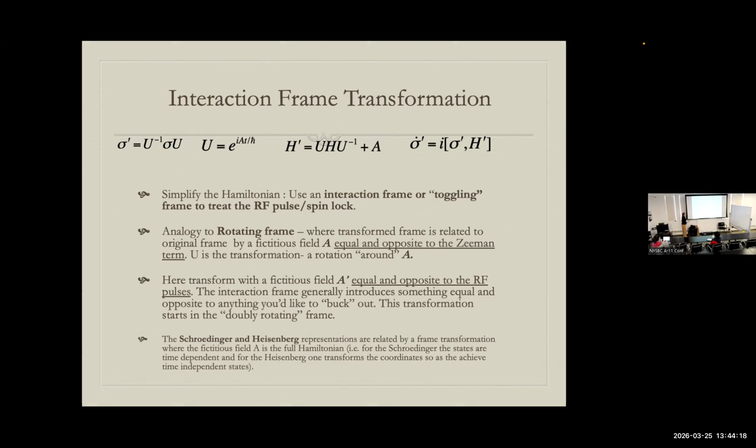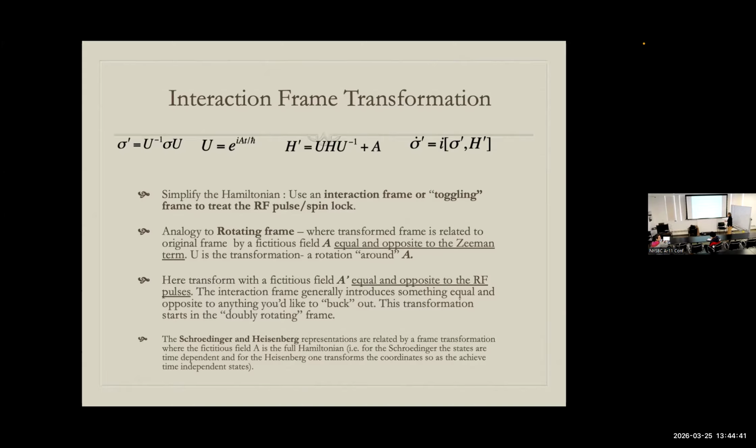This transformation starts in a doubly rotating frame, meaning rotating frame for I and rotating frame for S. For the proton and the carbon, we're already in the rotating frame. Now we want to be in a doubly toggling frame. So we're going to remove both RFs. Just a warning to people.